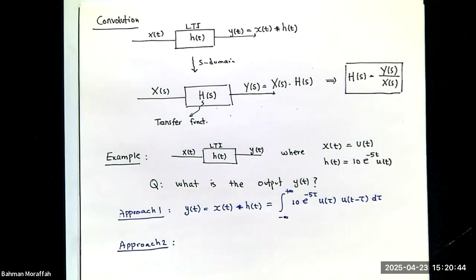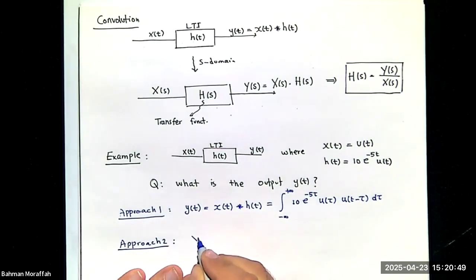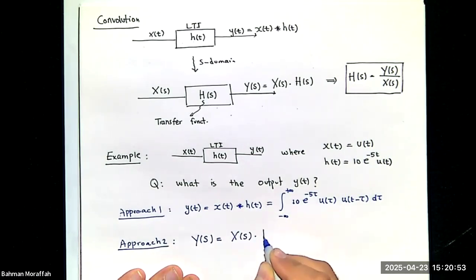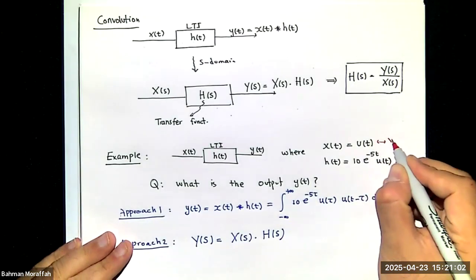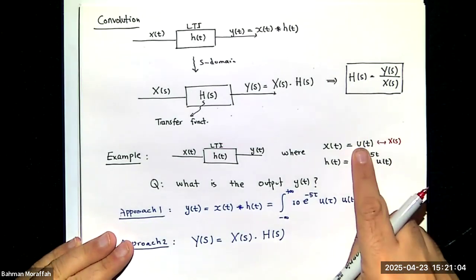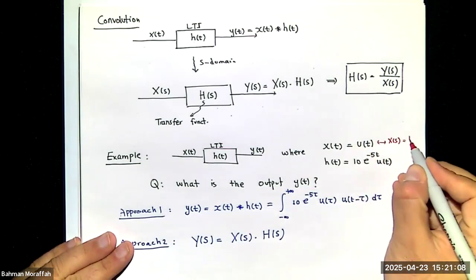We're going to go from the time domain to the S domain. And we know in the S domain, y of s is x of s times h of s. Well, what is x of s? Well, x of s is the Laplace transform of u of t, which we know is 1 over s.